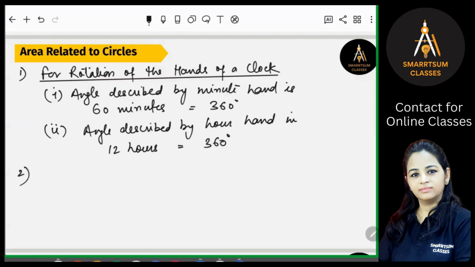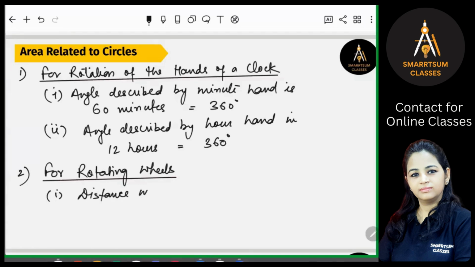Another thing which we have to note is for rotating wheels. When there are questions based on rotating wheels, then the distance moved by a wheel in one rotation, meaning the wheel has taken one complete rotation, is always equal to its circumference.